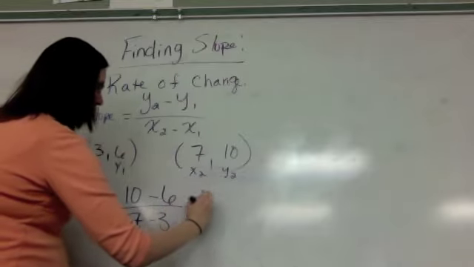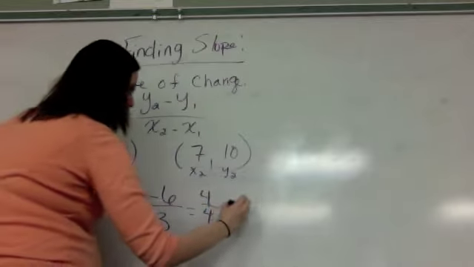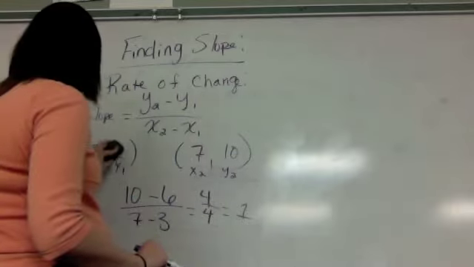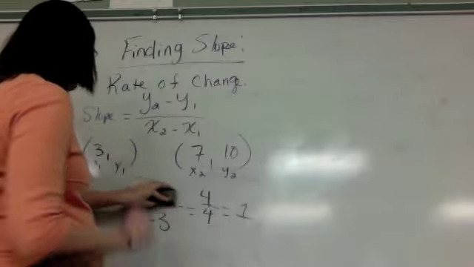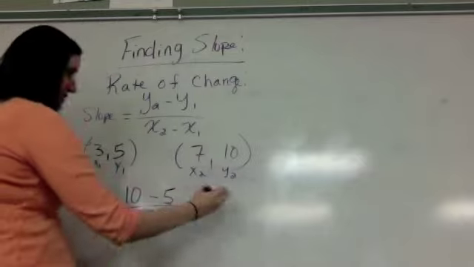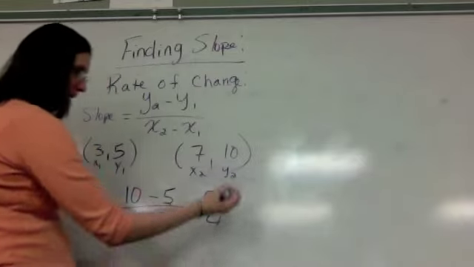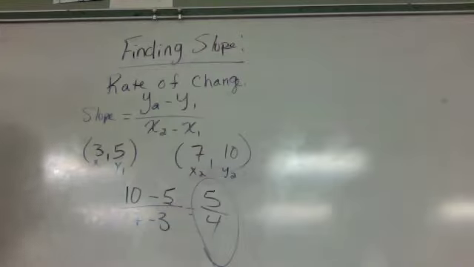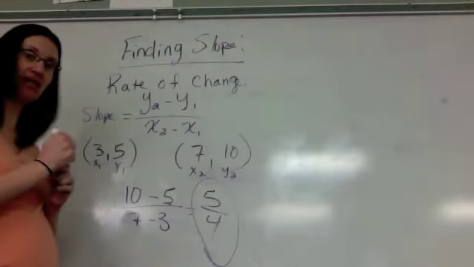That happens to be 4 over 4, which, because I get a whole number, I can say that that's 1. Okay? If this was a 5, 10 minus 5 is 5 over 4. That cannot be reduced. So I would keep my answer as 5/4. I would not put it as a mixed number, and I would not put it as a decimal.